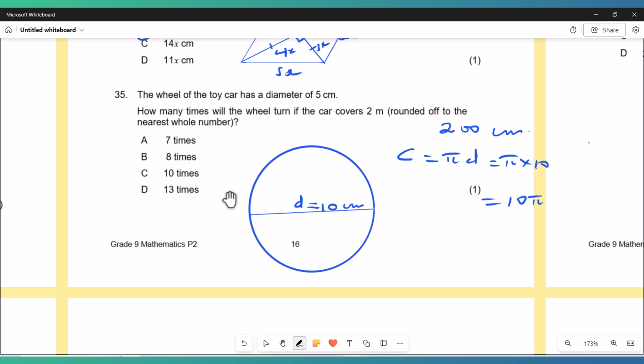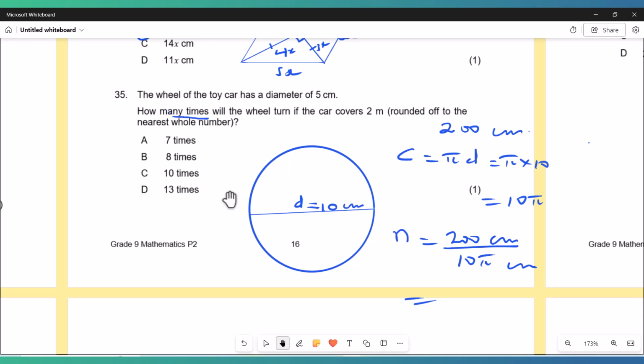So to get the number of times the wheel is going to turn, I'm going to get the total distance, which is 200 centimeters, divided by 10 pi centimeters. So what does the calculator give us? Let's check it out here.